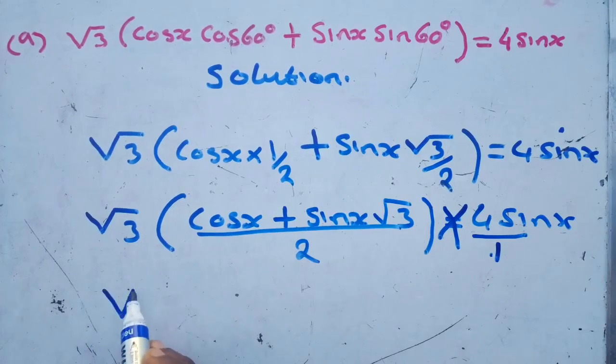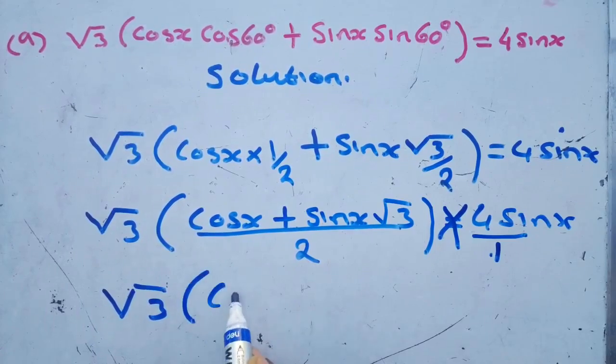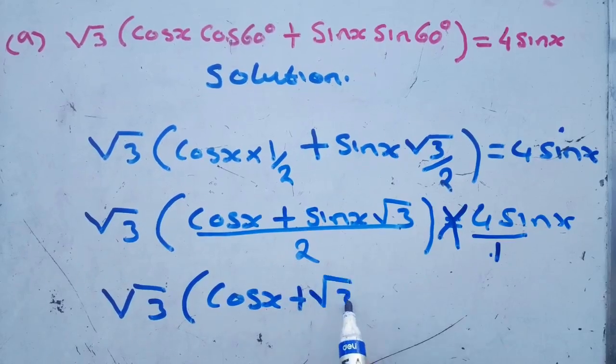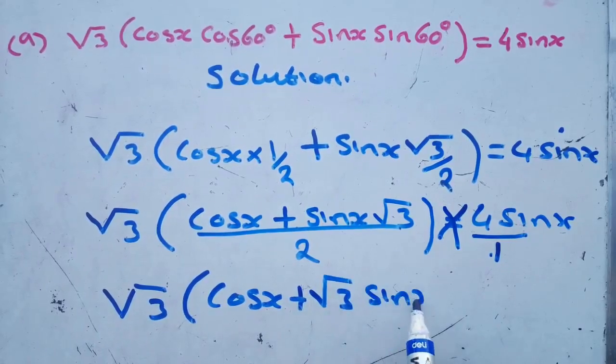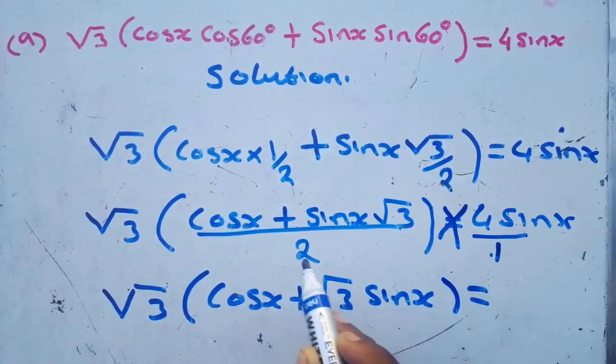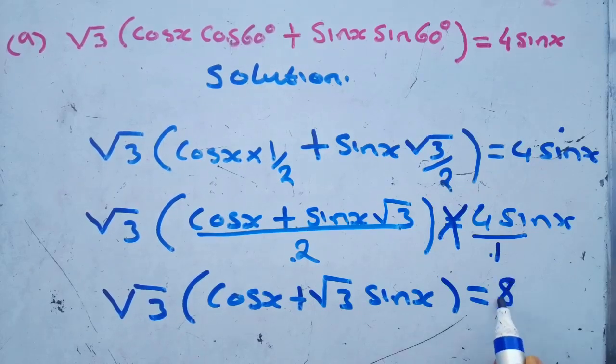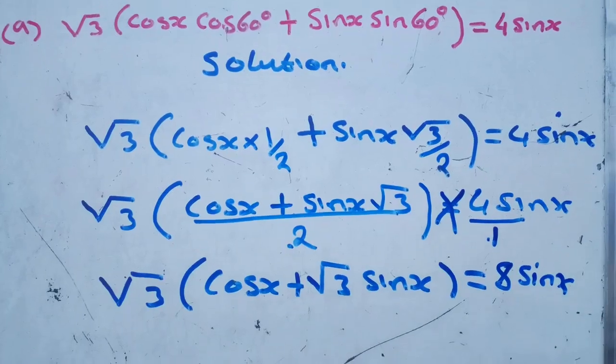So we have root 3 open brackets cos x plus root 3 sin x, close brackets, is equal to 2 multiplied by 4 sin x, which is 8 sin x.